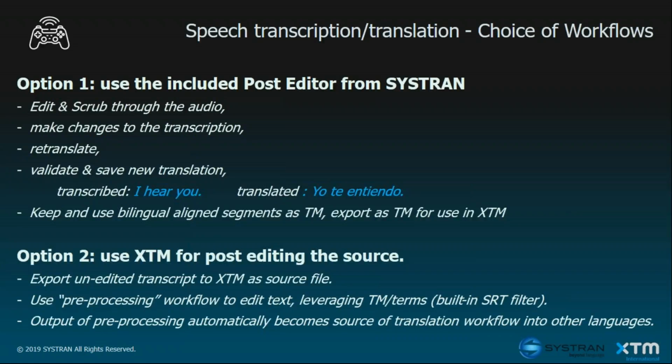Or a very common scenario too, if you're familiar with the XTM tools, and especially the ability to add some segmentation, let's say you have a chapter that the transcription gave you as a single segment and you want to break it up into multiple individual sentences. And for a number of other reasons, you may prefer to use option 2, which is to use XTM for the post editing of the source. So you need to get to that source, the transcription result.